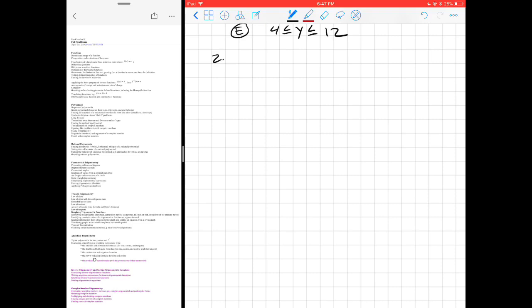So number 2 is also from the functions quiz.